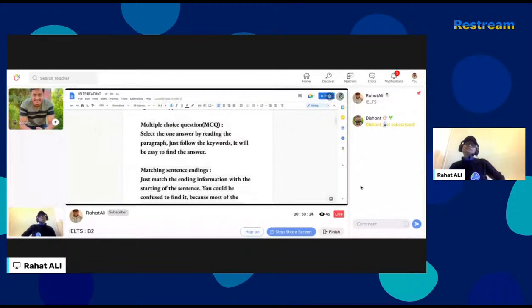Which means that your sentence or information may be restated or paraphrased in a different way in the question. So you need to find out the matching answer or the matching information. So how we can find it, that is the amazing part.